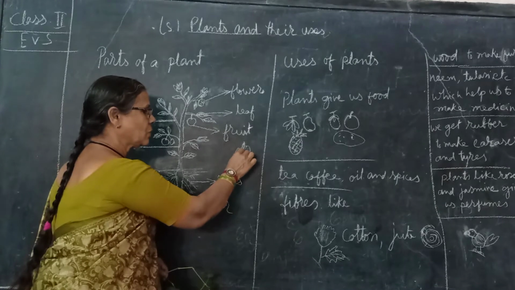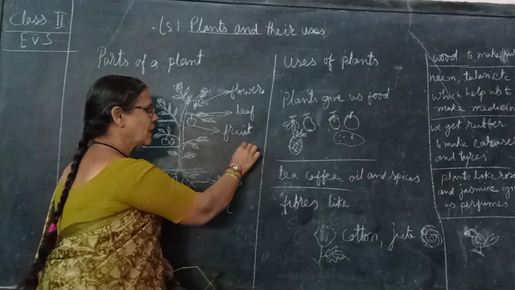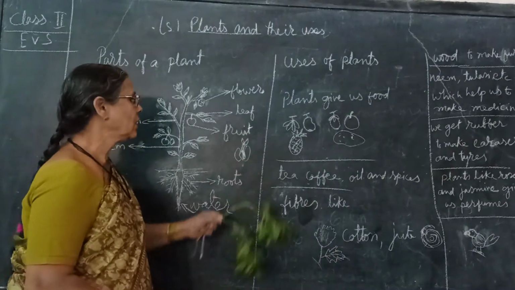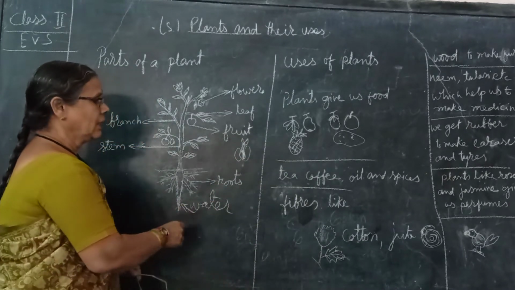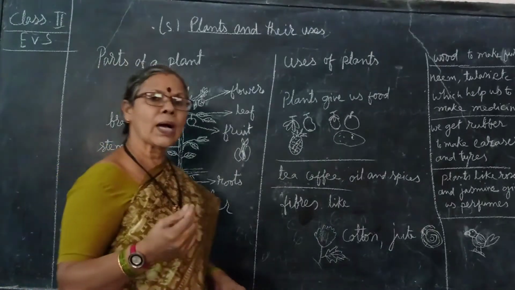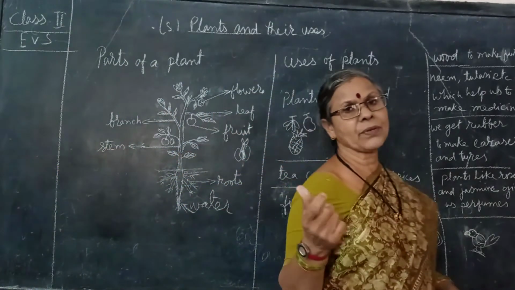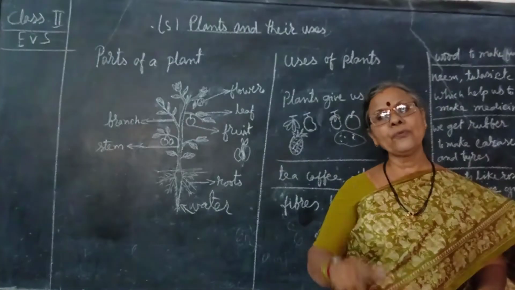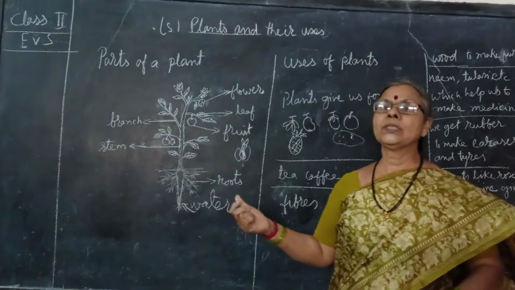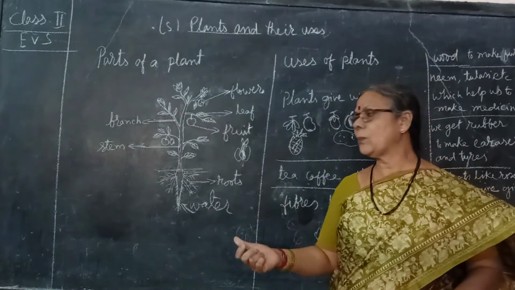These two seeds will split into two, and slowly a small new plant will start growing. Have you understood? Fruits have seeds. A mango fruit has only one seed. When you sow the seed, it grows into a new plant.